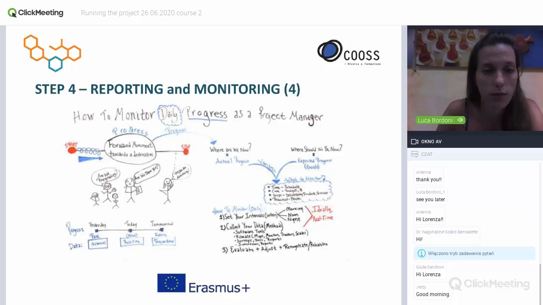And this is, I don't know if it's quite small, but an image to show you a graphic about how to monitor not the daily, but the weekly progress of a project. So it's to define, first of all, a timeline and set all the intervals of budget control, the interval of activities control, the interval of output, etc. And then to collect all data from the partners and our staff, and also the feedback of our staff.